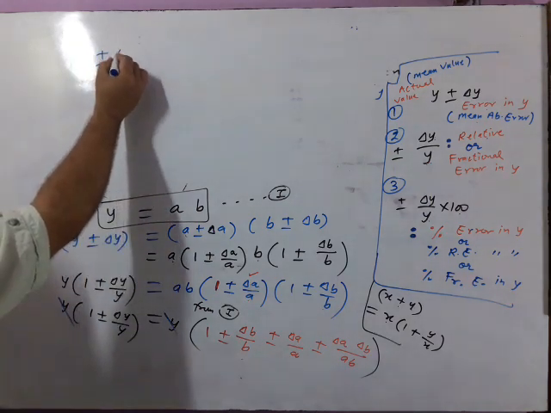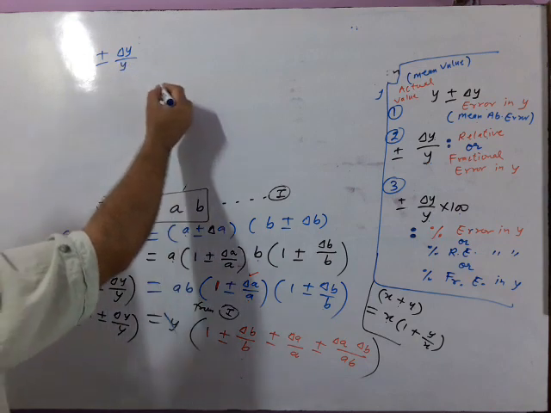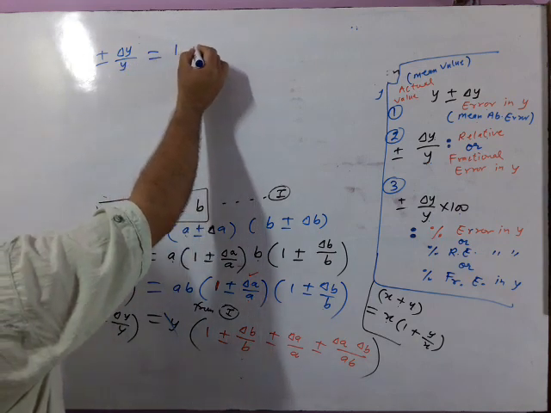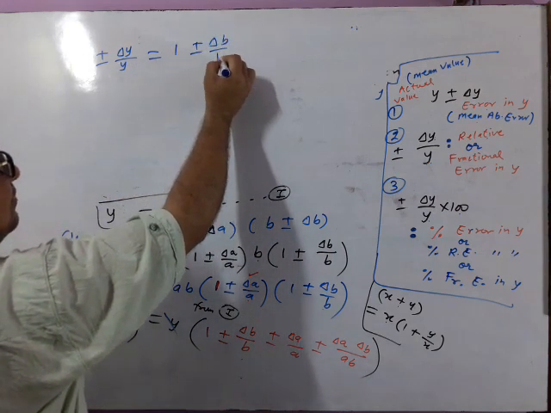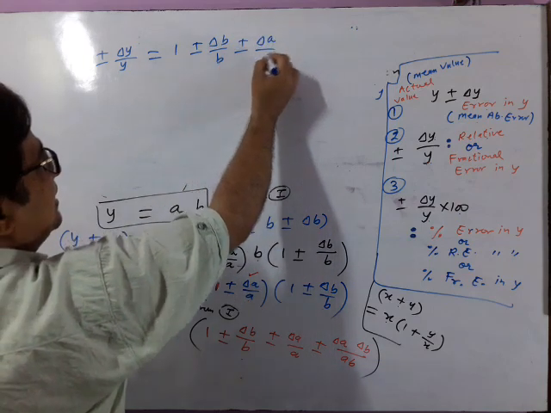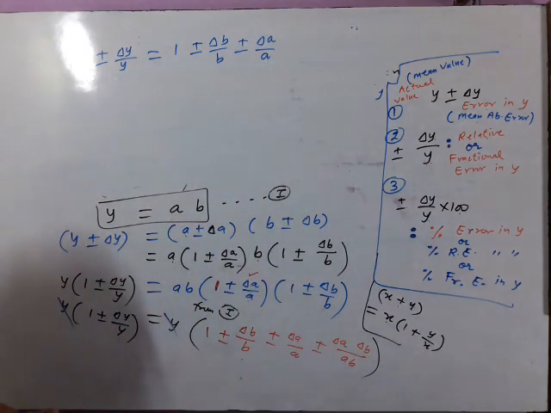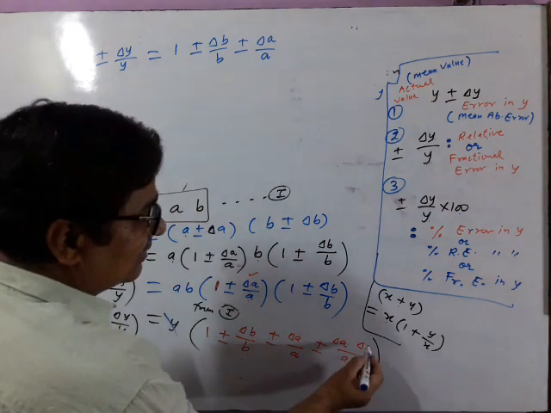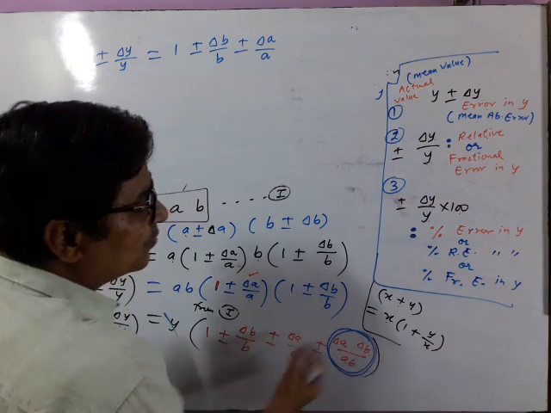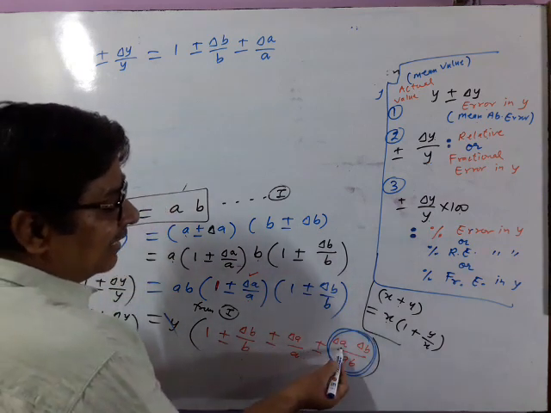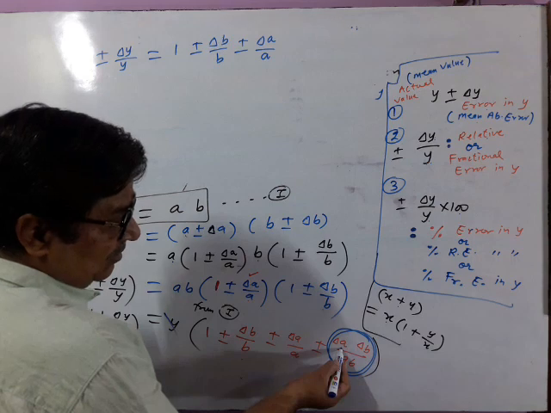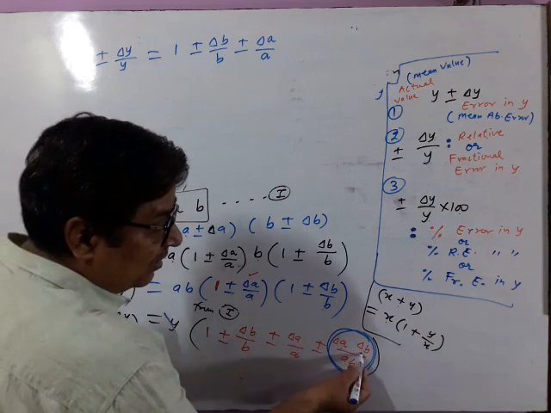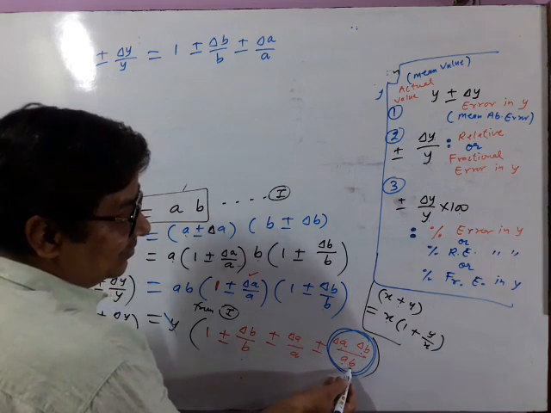The next point: 1 plus minus delta y by y is equal to 1 plus minus delta b by b plus minus delta a by a, and we don't write the last term. Why? Because it is so small, it can be neglected. Because error in a is very small and error in b is very small, while a and b are larger values.